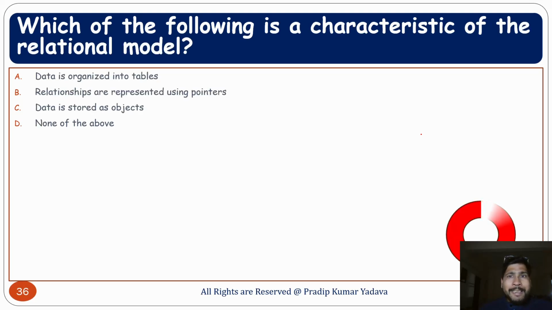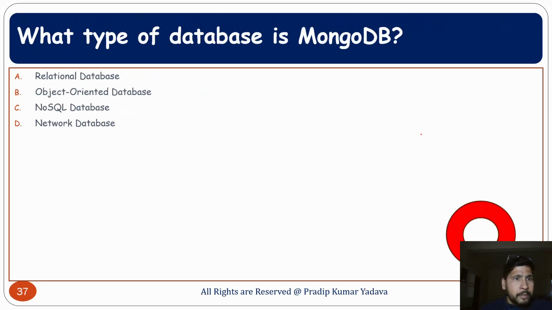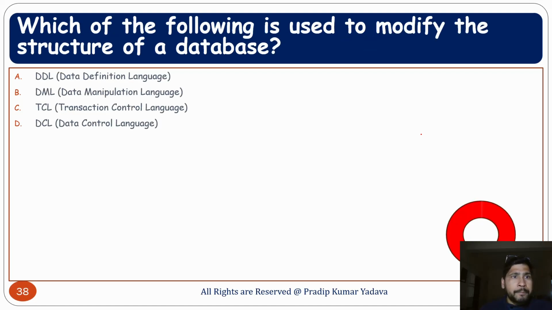Which of the following is a characteristic of the relational model? So basically if we talk about characteristics of the relational model, data is organized in tables. That is correct. What type of database is MongoDB? So MongoDB is basically an example of NoSQL database.